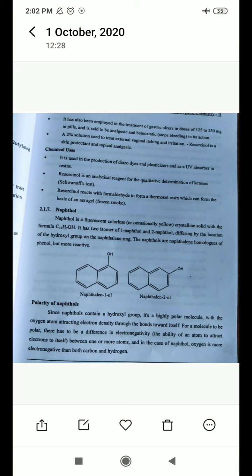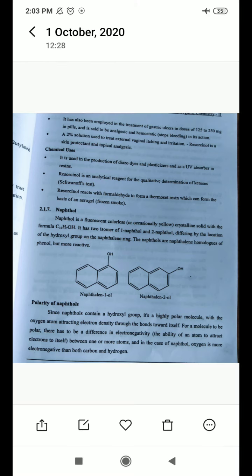In the form of pills, we can use resorcinol for gastric ulcers. It acts as an analgesic. What is the meaning of this terminology? Analgesic means painkiller, or which relieves pain. So resorcinol acts as an analgesic.